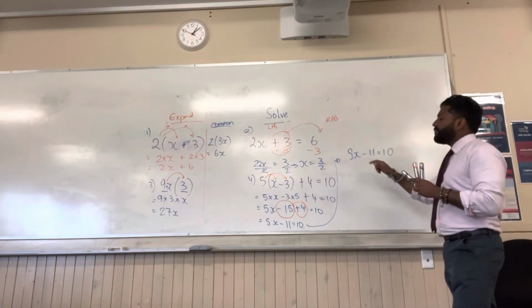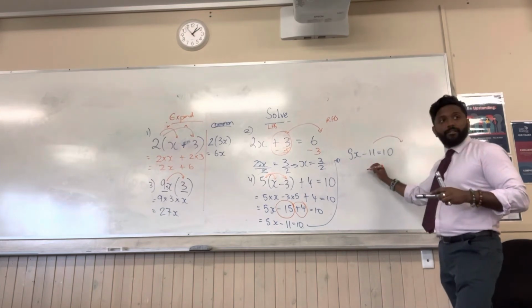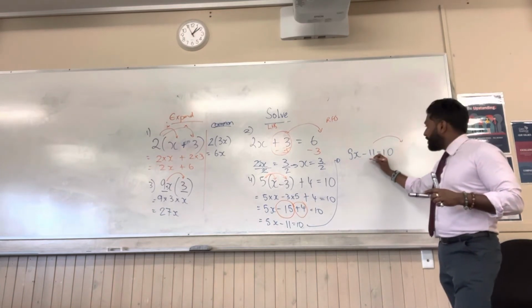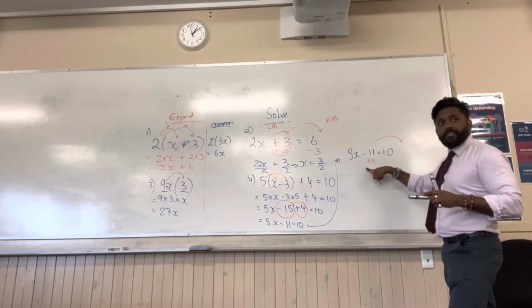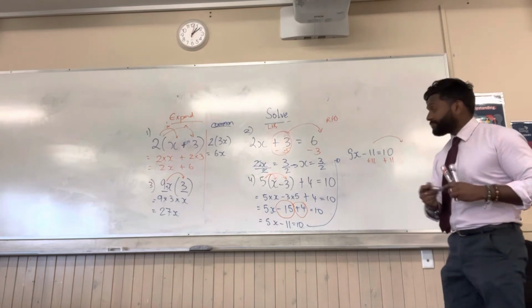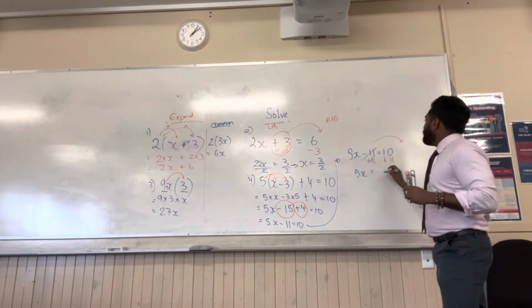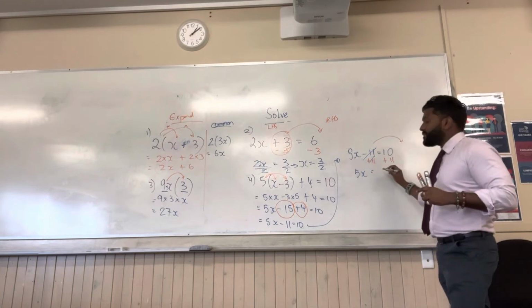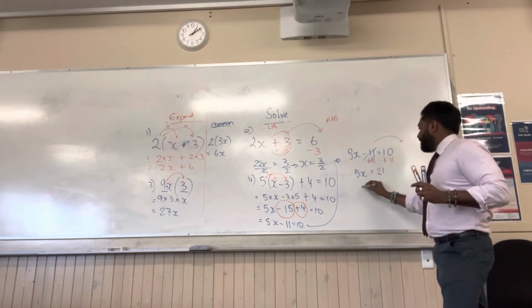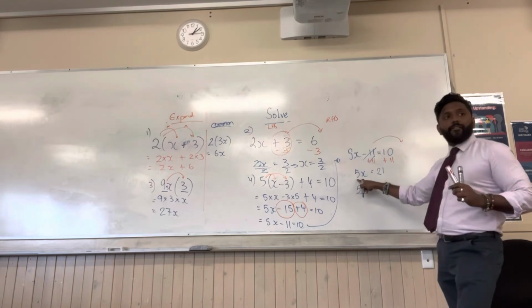How do you get rid of the minus 11 and bring it to this side? Plus 11. Whatever you do to this side, you also have to do to that side. Correct. Well done. So now you're left with 5x. These cancel out. You're left with 5x is equal to 10 plus 11 is 21. x is equal to 21 over... you have to get rid of the 5. How do you get rid of the 5?